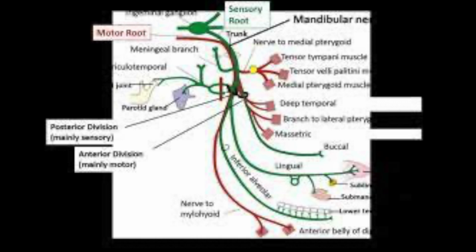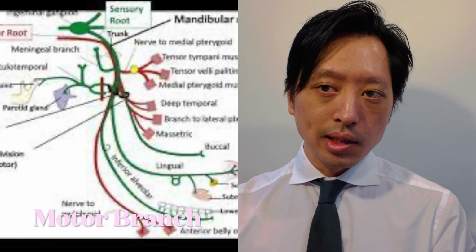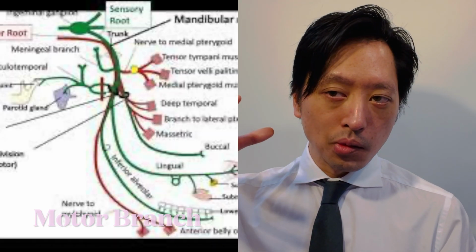So today, I'm going to concentrate on the motor branch of the trigeminal nerve, and I'm going to explain in detail how that works, how the motor branch controls the muscles involved in chewing. In the next video, we're going to do the sensory fiber of the trigeminal nerve.